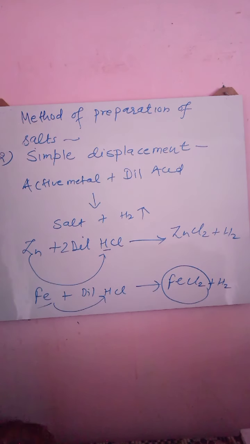Just before, I gave the example of iron third chloride, showing the reaction of iron combined with chlorine to form FeCl3. But iron second chloride is always prepared by the displacement reaction. So don't be confused.